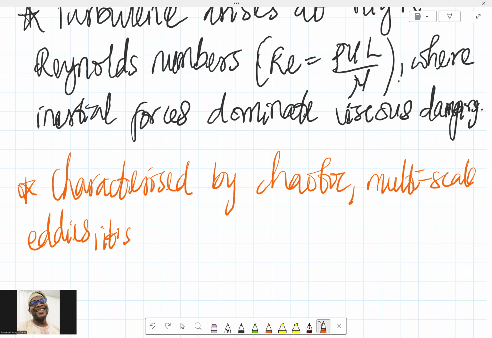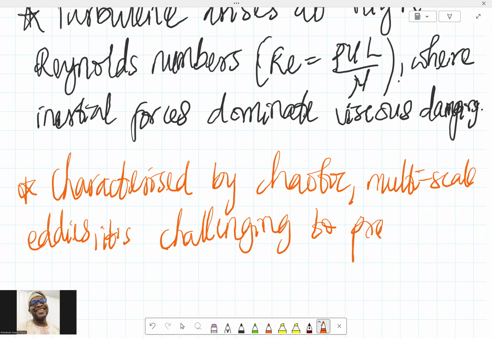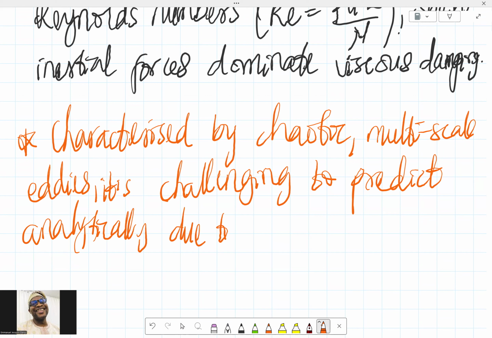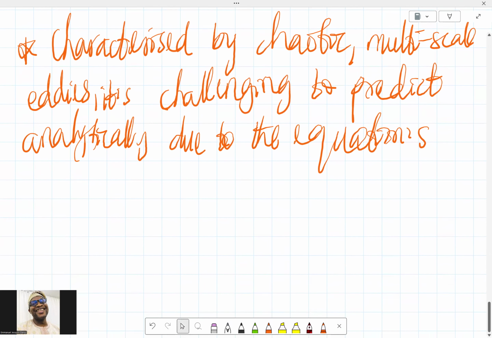It is challenging to predict analytically, of course, because of the non-linearity of the equations.